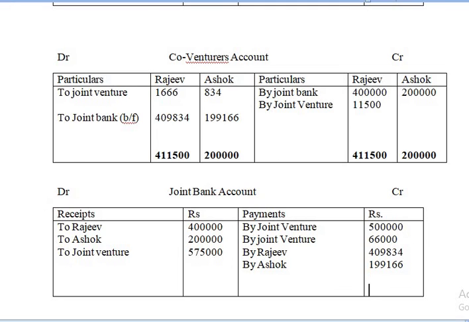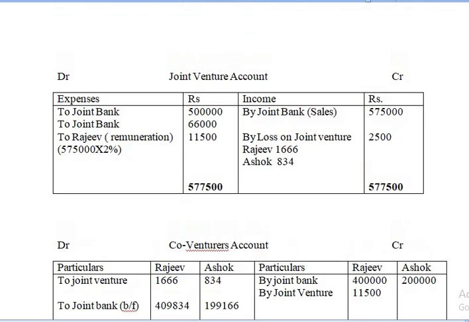Now make balance of the joint bank account. The joint bank account gets balanced for 11,75,000 on both sides. If the joint bank account gets balanced, your solution is right. So this is the solution for this problem.